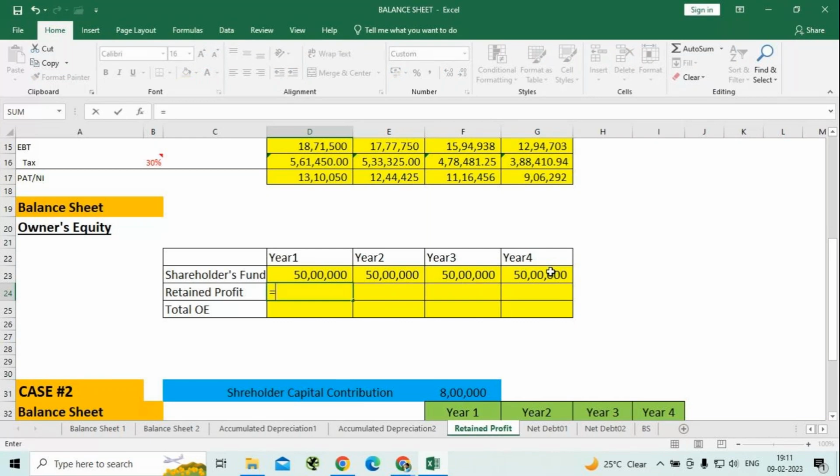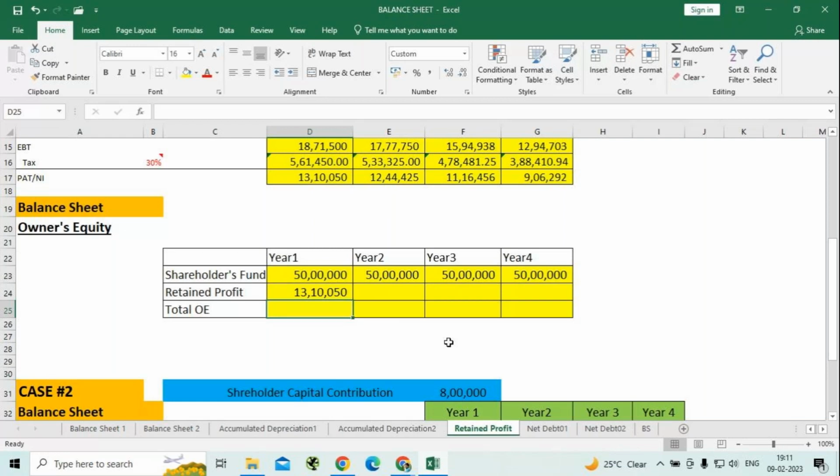The retained profit should be connected from the income statement of that particular year, whatever the profit is, plus the previous year. Before year 1 there was nothing, no profit, so I'll give it as 0. It is similar to your accumulated depreciation: you take the current year value plus the previous year value.